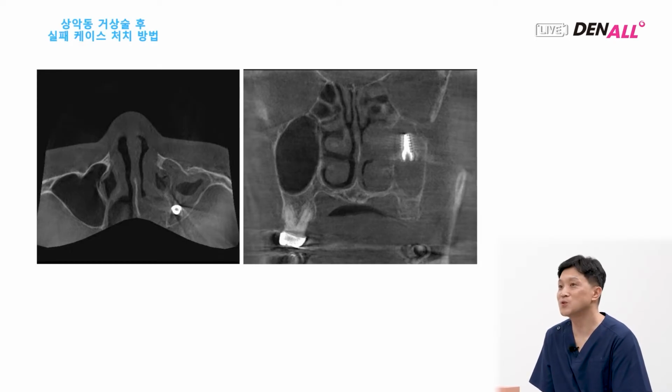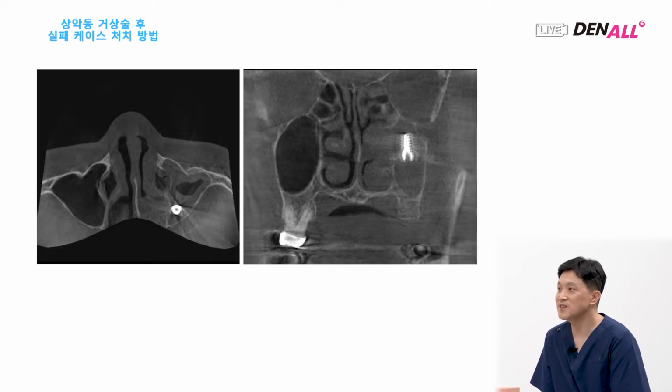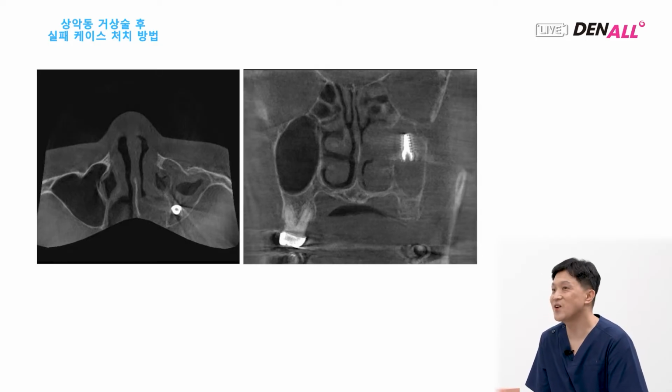And as Dr. Jeong said, we need to remove it by all means. Preserving bone or soft tissue is not a priority in that case. Removing the implant is the most urgent job.